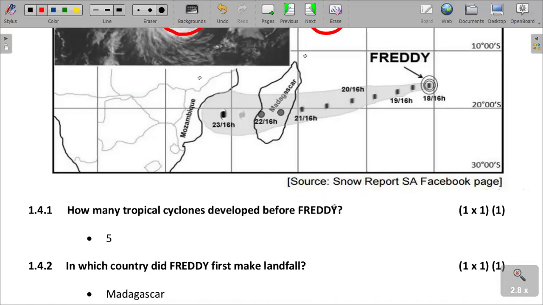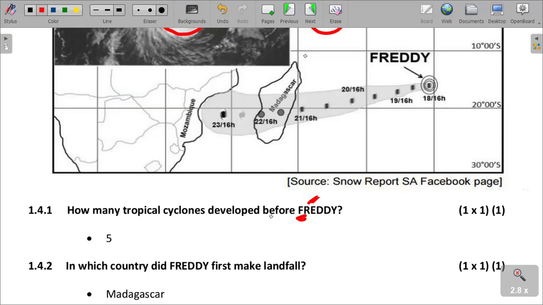So now, how many tropical cyclones developed before Freddy? We said that tropical cyclones are named in alphabetical order. The first letter of the name of the cyclone identifies the number of cyclones.